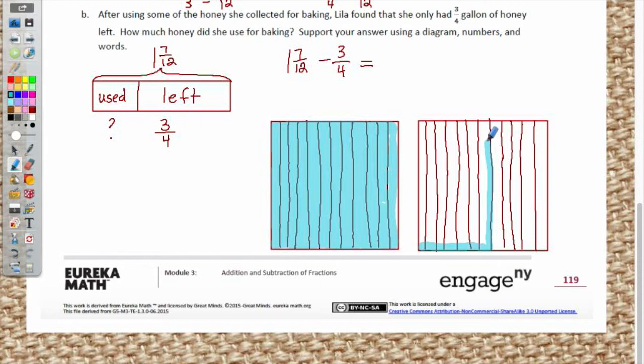Is a little past half, isn't it? Okay. Now with your pencil, you're going to bracket 1 7/12 and label it at the bottom.